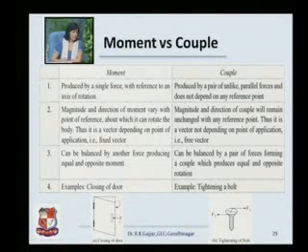Such a force cannot form a couple. Here you have a nail top, and you are trying to fix it by applying two equal and opposite forces in opposite directions. This forms a couple. So tightening of a bolt is an example of a couple. Closing of a door is an example of a moment.